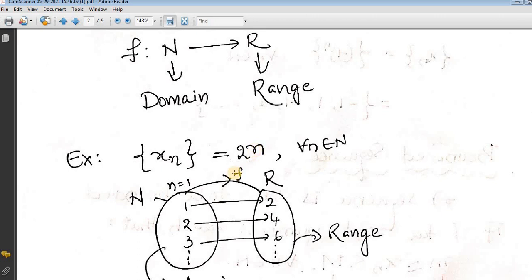Substituting n equals 1, the range value will be 2. Substituting n equals 2, 2 into 2 is 4. Substituting 3, it will be 6. When I substitute the natural numbers, I get the real numbers 2, 4, 6. So this is a set of even numbers, and this is called a sequence.